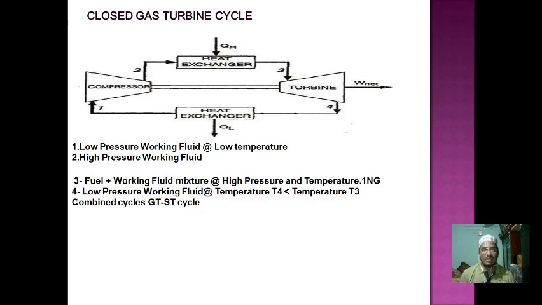Then after the heat exchanger it becomes high pressure and high temperature. Then in the turbine that energy expands, and it becomes a low pressure working fluid, and the temperature difference after the turbine is greater compared to before the turbine. This is called the closed turbine cycle.